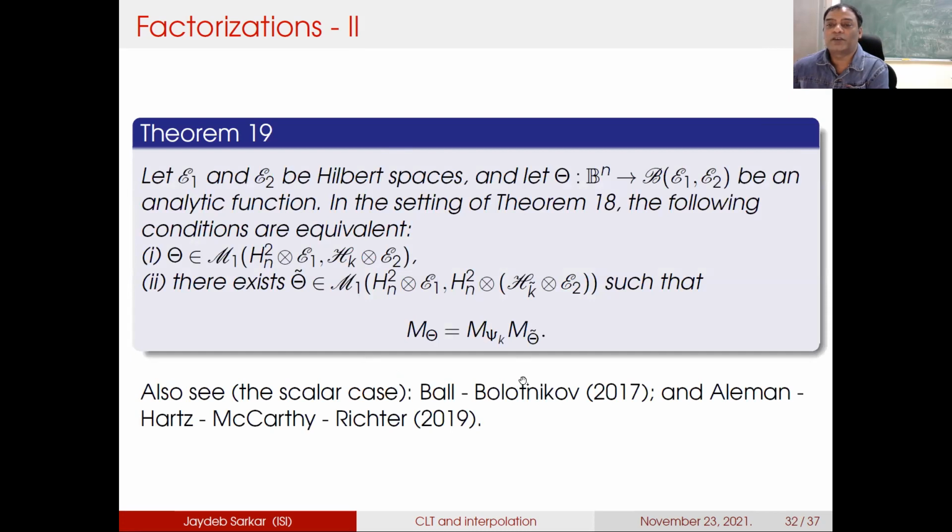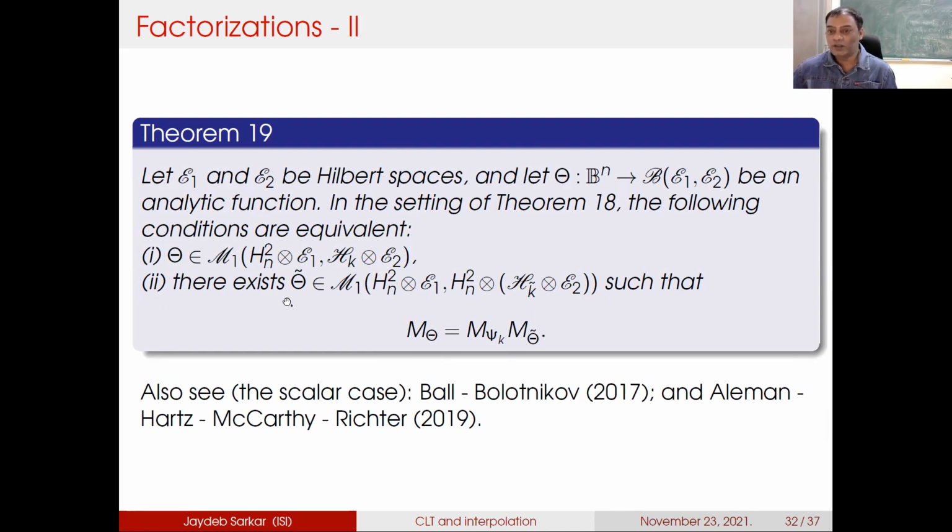Now here is the second factorization result. You have Hilbert spaces E1 and E2, and consider a B(E1, E2)-valued analytic function. You stay in the previous setting, which means you already have the existence of psi k. In that setting, the following conditions are equivalent. You take an arbitrary multiplier theta from H2n tensor E1 to H_K tensor E2.